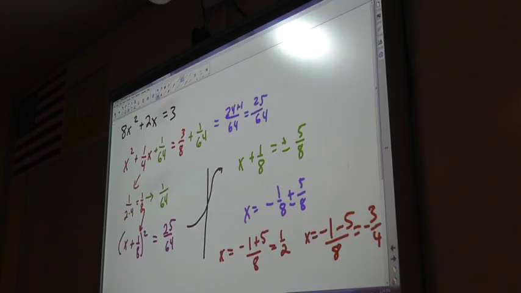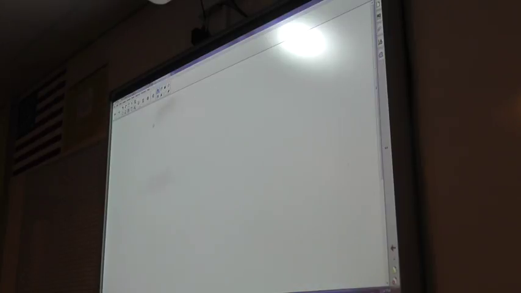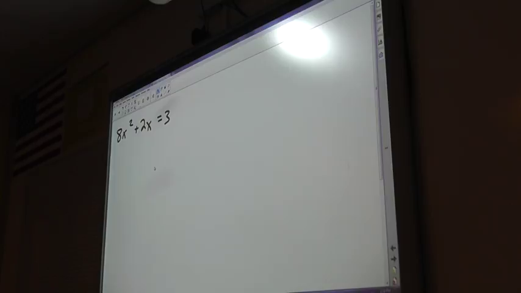Now let's try this previous problem again. Let's solve this using the quadratic formula. Remember, to solve any problem in this class, you always set it equal to 0, so I'm even going to do that for you.